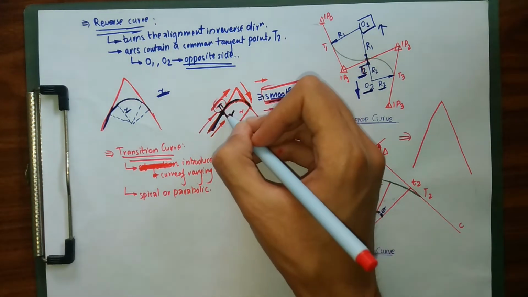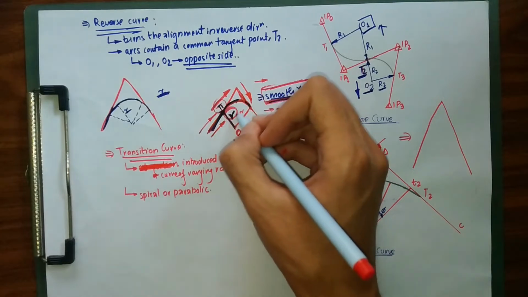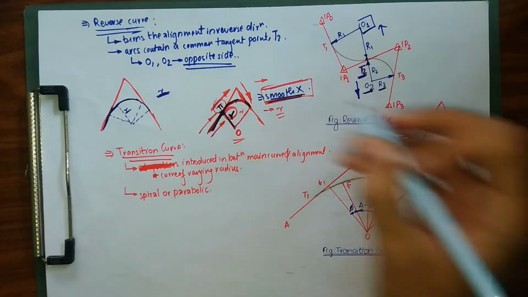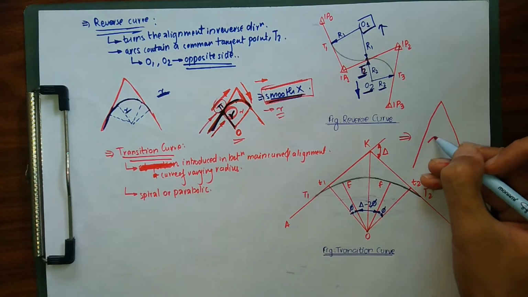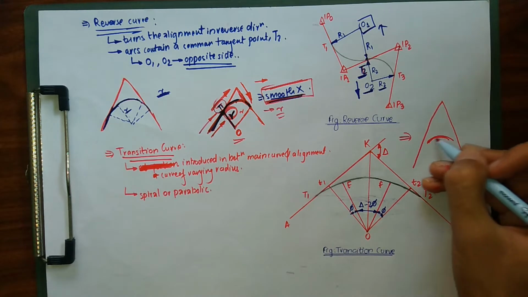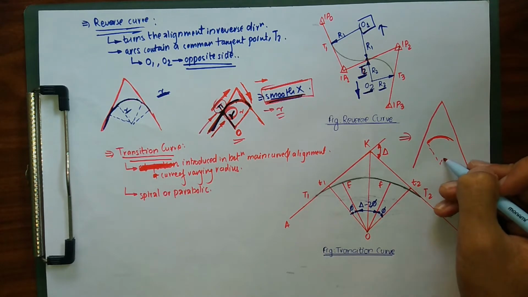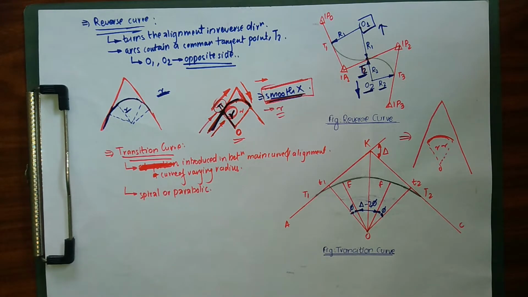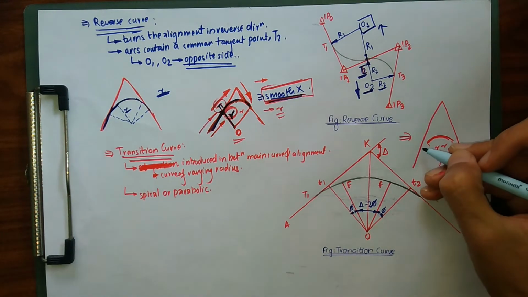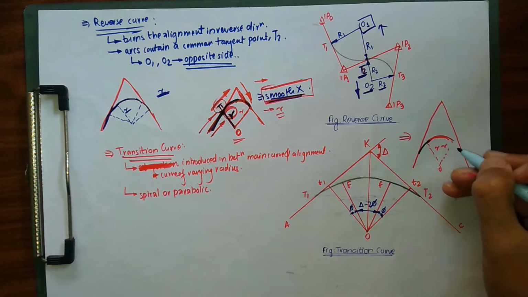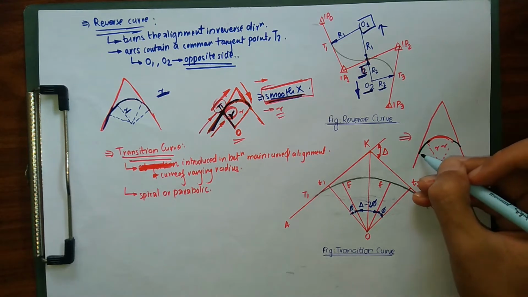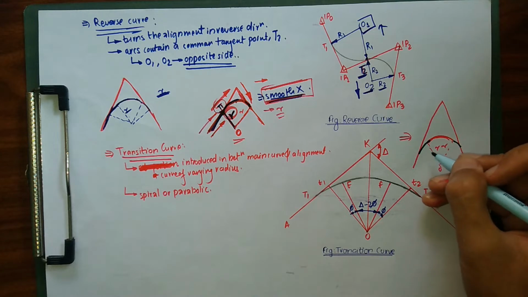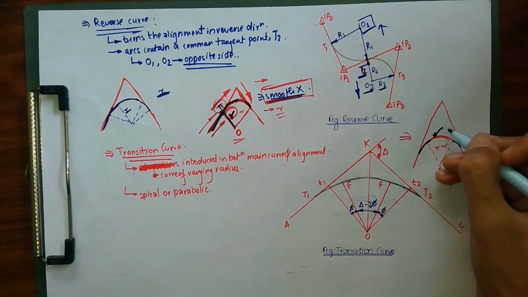Accidents might happen. So what we simply do is, we shift our main curve downward. This is our main curve of radius r. We shift it downward, and next we introduce other curves. These curves have smaller radius, they have varying radius.